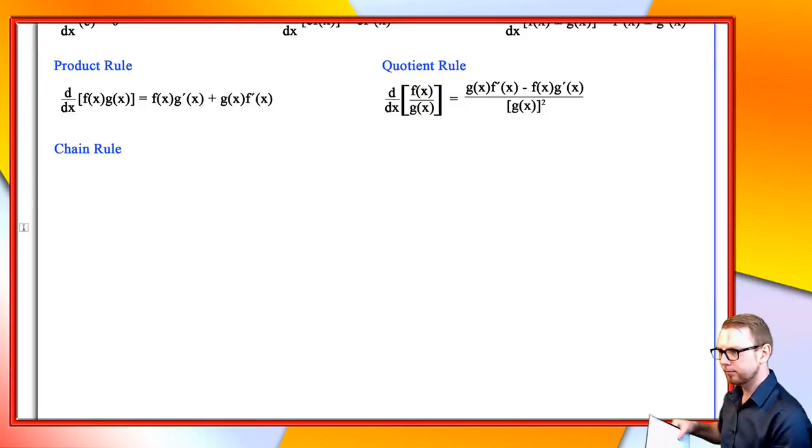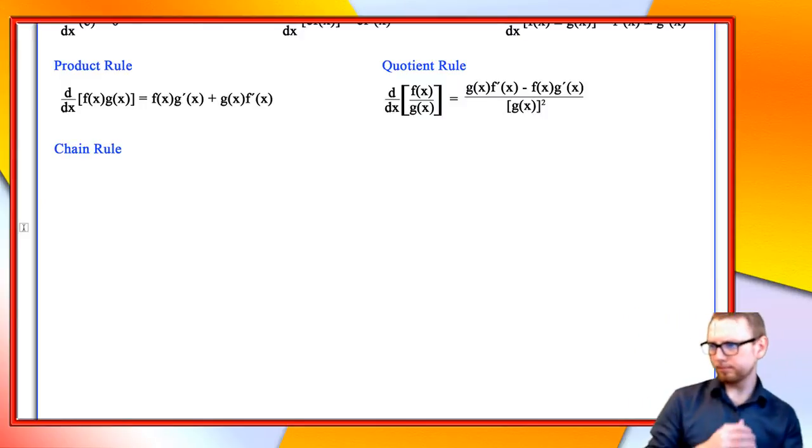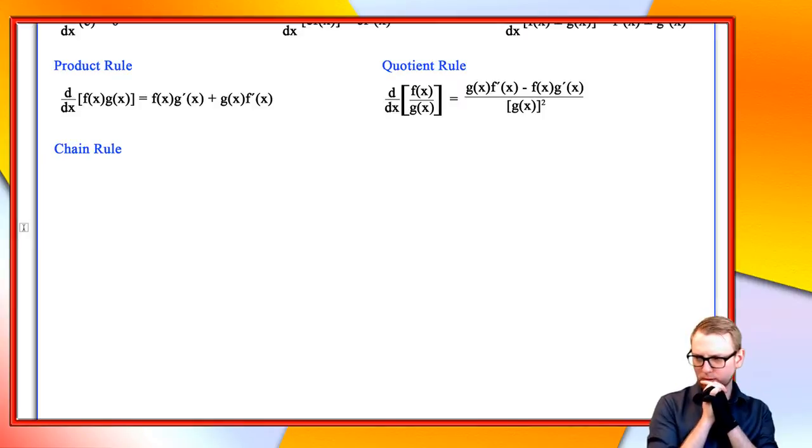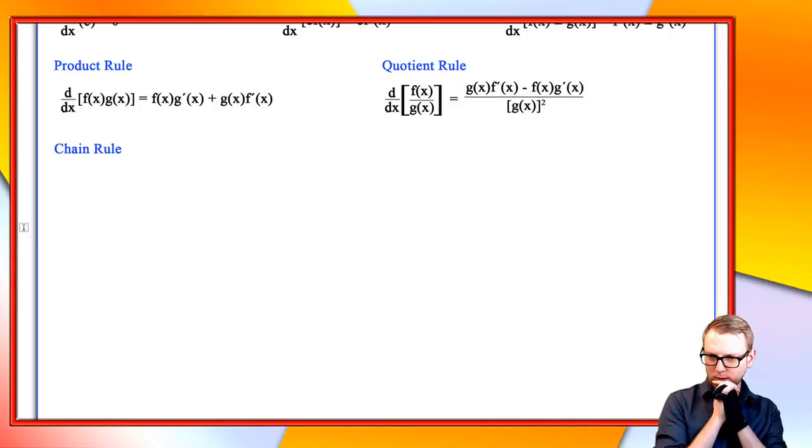Notation. Two notations, or three. Three notations.